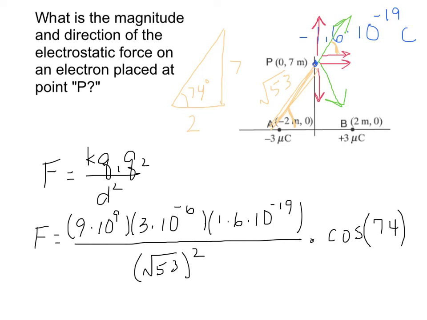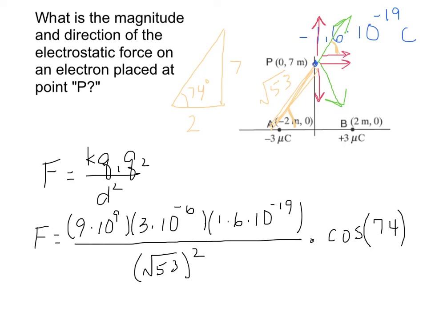That's just the ratio of the adjacent side to the hypotenuse. So you could write 2 over radical 53, and that's the same as cosine of 74. Alright, so that is the value of one of the horizontal components there. And then we would need to double that to get the entire thing.